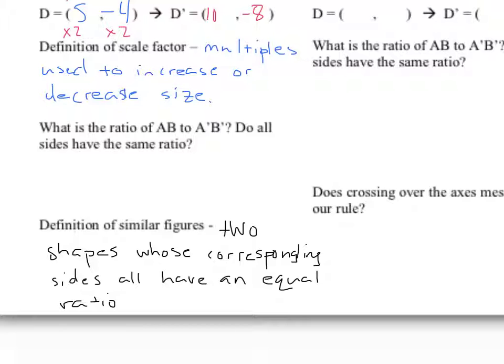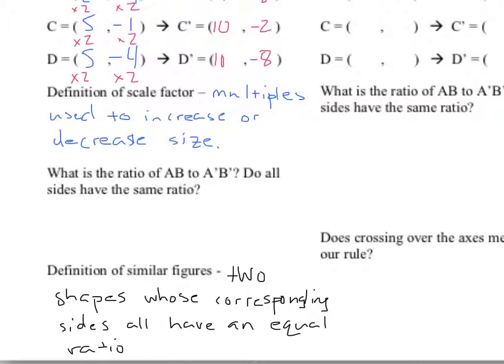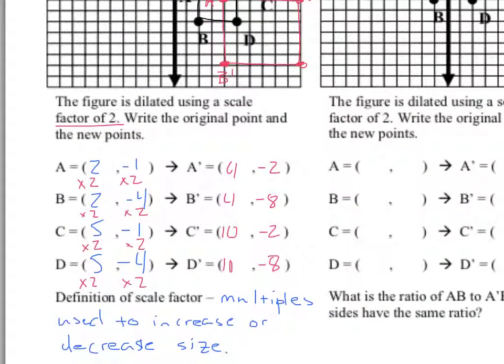As an example of that, we're looking for the ratio from the original AB to the A prime, B prime, the new AB. So if we go back and look at how long those sides are to see what the ratio is between them, I can count.